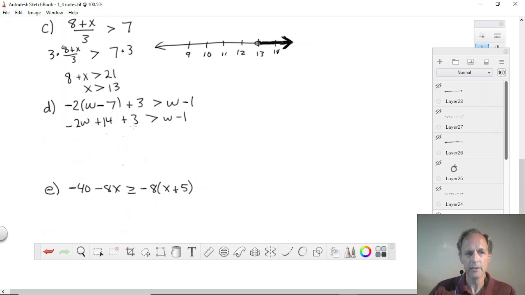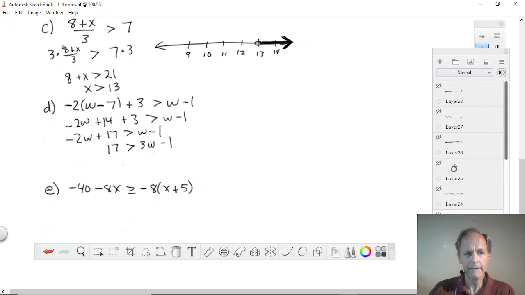Okay, now we combine our like terms, 14 and 3. Negative 2w plus 17 greater than w minus 1. We've got to get our w's to the same side. We'll add 2w to both sides. Add 2w to the left, it goes away, just leaves the 17. Add 2w to the right, you get 3w. And the minus 1 is still there.